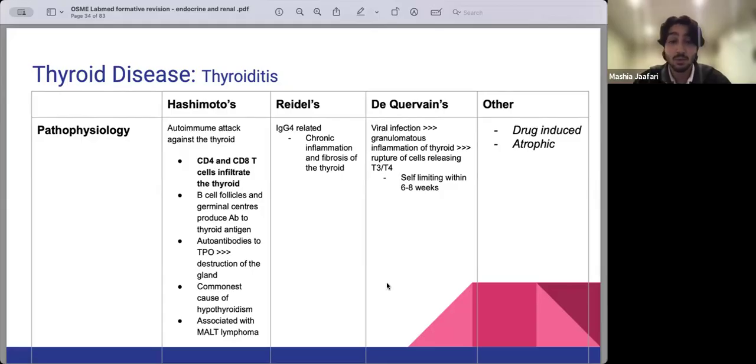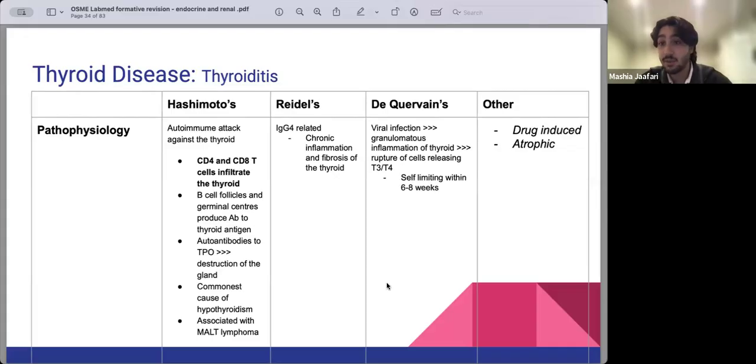So Hashimoto's is an autoimmune attack on the thyroid. It's a type 4 hypersensitivity, so it's mediated by T cells, primarily CD4 T cells coming into the thyroid and causing inflammation and damage. Although some people get confused because you also see antibodies in Hashimoto's, and actually the screening test is looking for antibodies against TPO, so thyroid peroxidase.